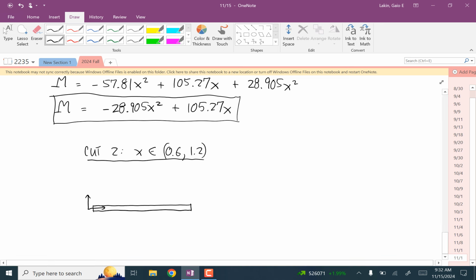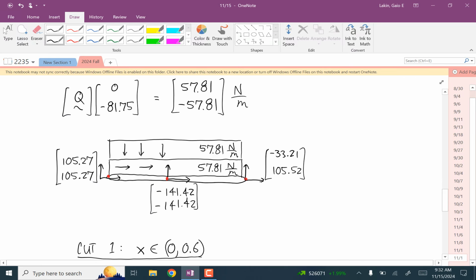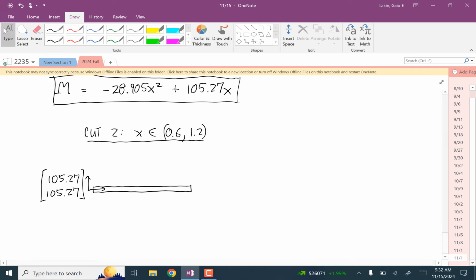Over here we have the point forces of 105.27, 105.27. Now we also have this point force of negative 141.42, negative 141.42.